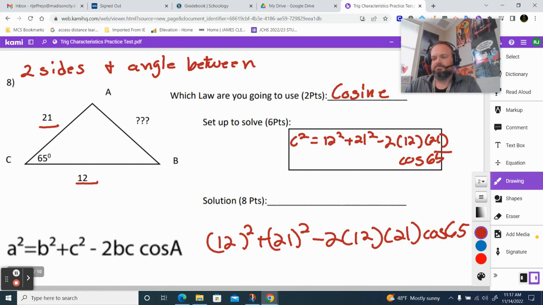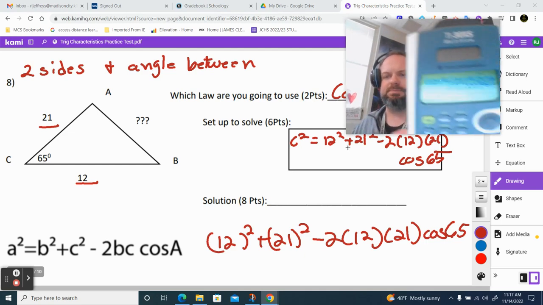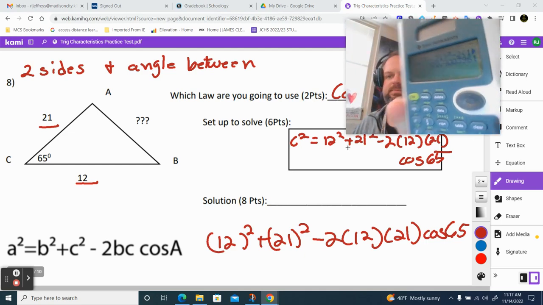It's going to give us a really big, weird number.